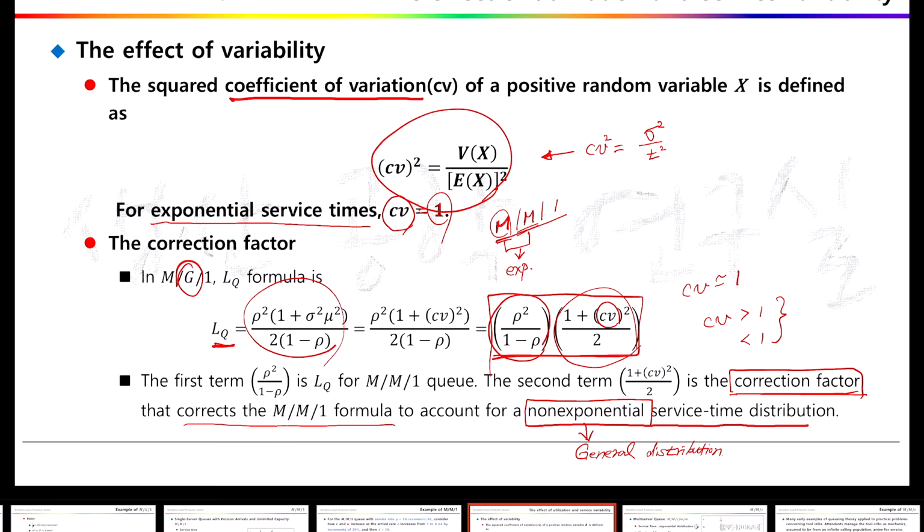In that case, we have to compare with dynamic discrete event simulation. Those works will be conducted in later lectures, and each queuing model will be compared with the discrete event simulation. So please remember this, the CV, coefficient of variation, and also this approximation of the LQ term.